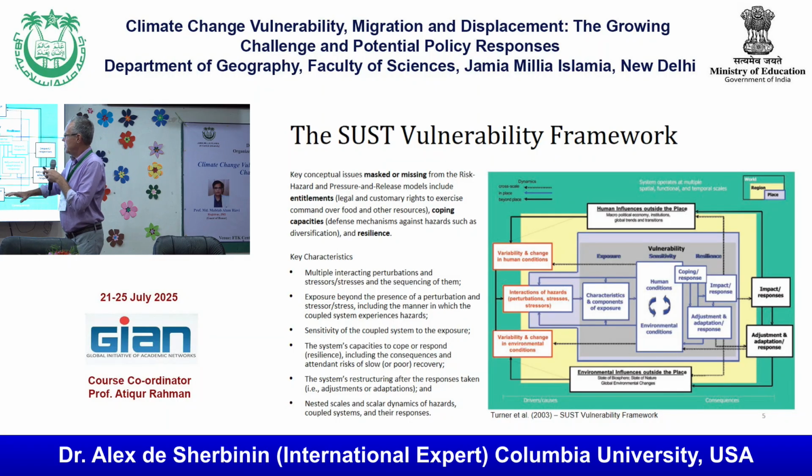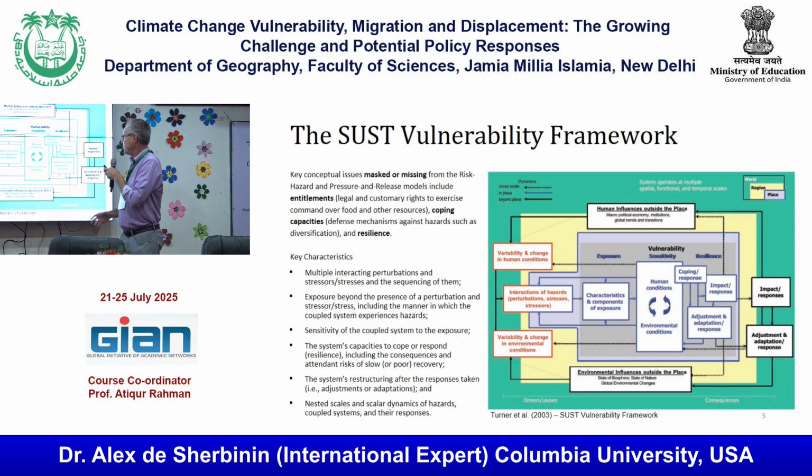But the idea is, on the left-hand side, you've got the hazard or perturbation, much like in the IPCC stress framework, the hazard comes in. There are different characteristics and components related to the exposure. So you might have different population characteristics, different economic systems like agriculture or industry or fisheries that are exposed here.